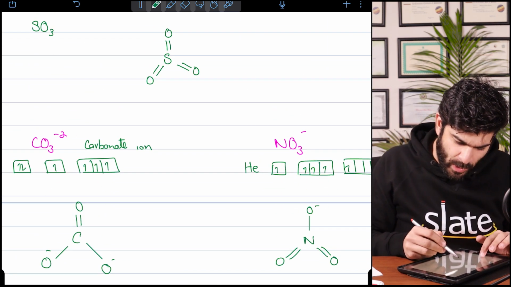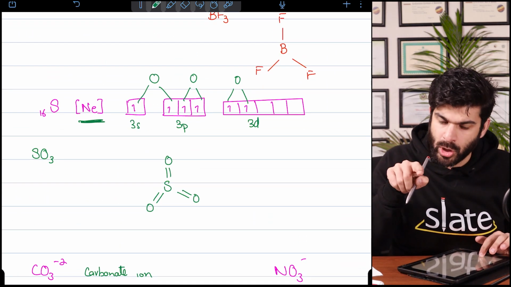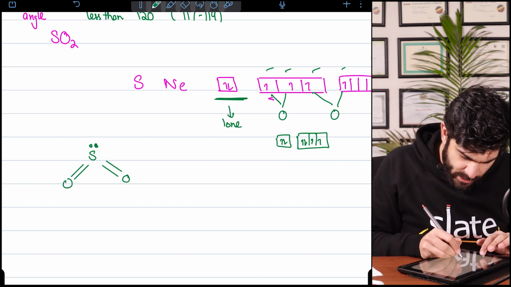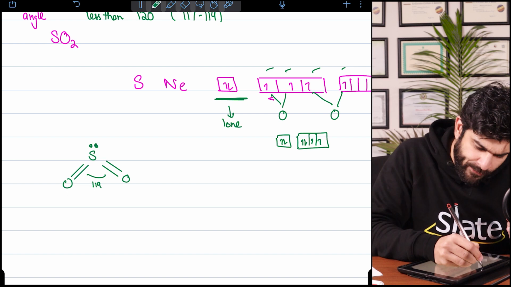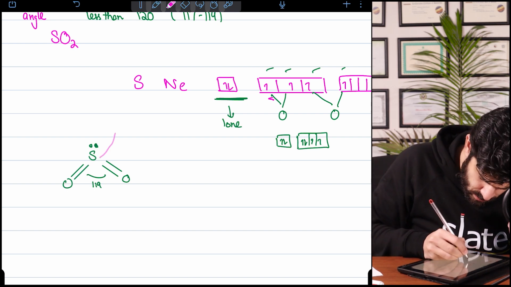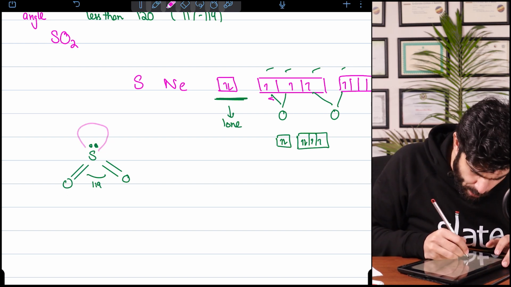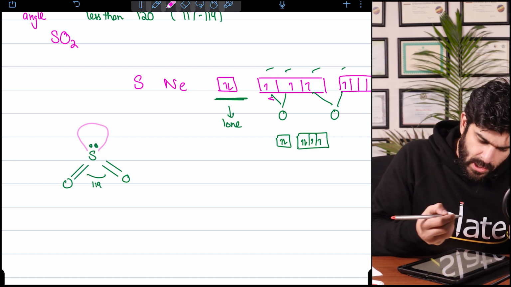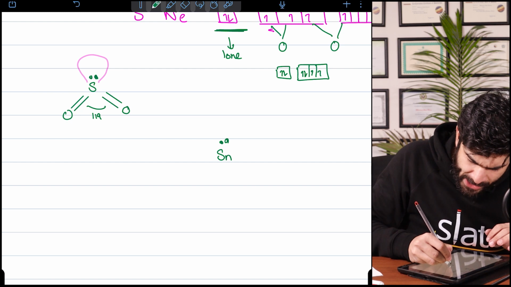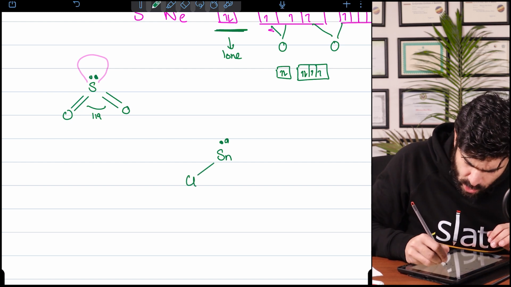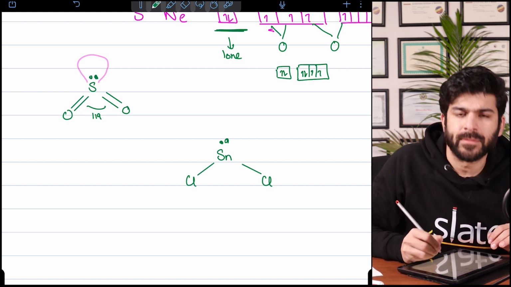Sulfur trioxide was 120, simply trigonal planar. This is bent. This can be 119, a little lesser. And that was because of the lone pair's cloud. Similarly, tin chloride, SnCl2, similarly bent shape.